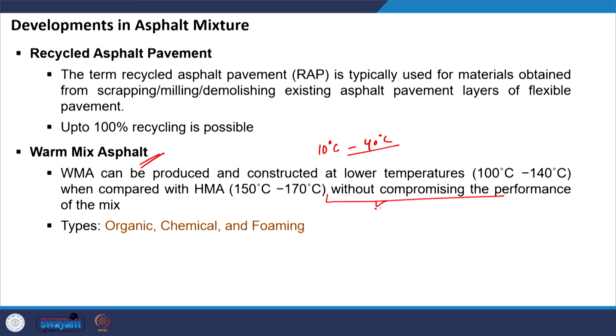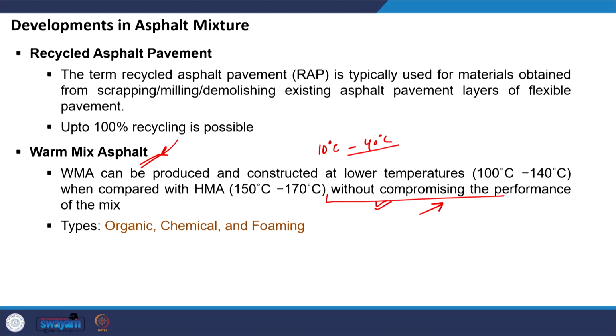This is one of the benefits, because we also have cold bituminous mixture where we are able to construct the pavement even at ambient temperatures, but cold bituminous mixtures have lower strength properties in comparison to hot asphalt mixtures. But WMA, on one hand, reduces the temperature requirement of production and compaction, and on the other hand it does not compromise the performance of the mix.